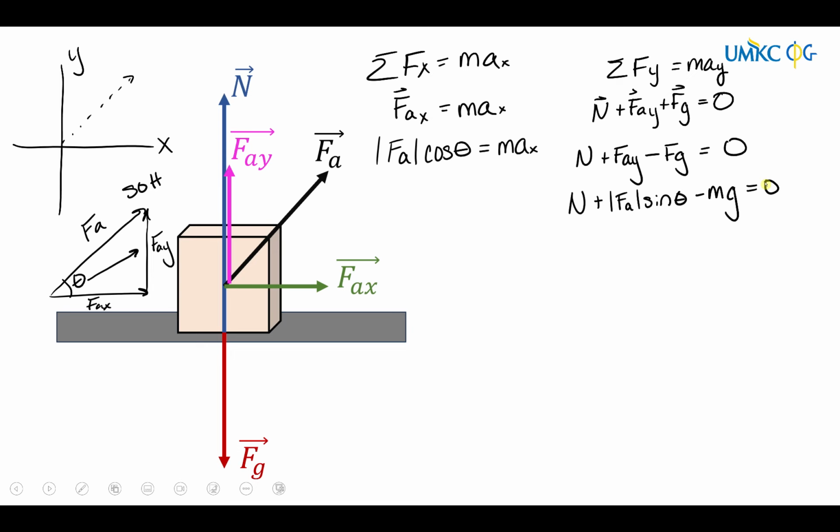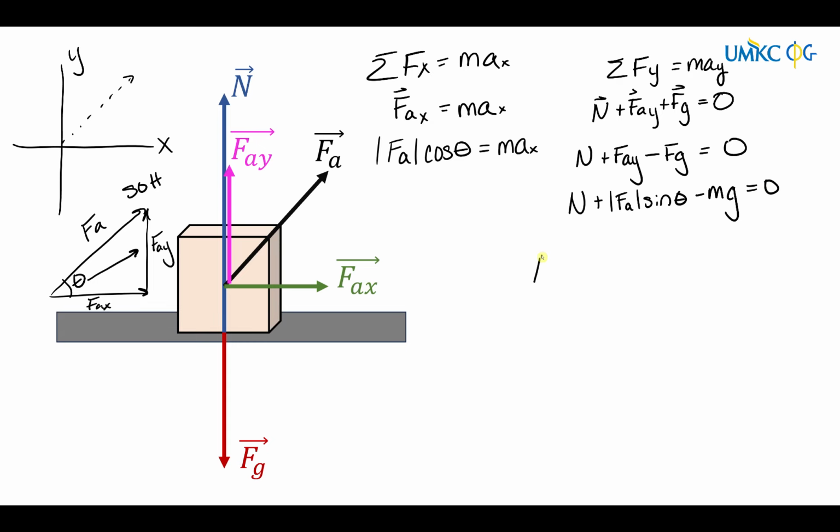So this is a great example of when my normal force is not going to be equal to the force due to gravity. Even though they oppose each other, because I have this applied force, there is going to be a little bit of the weight of the object that is taken into that applied force. So if this is a rope, some of that rope is going to be holding the weight of the object. Not all of it is going to be sitting on the table.